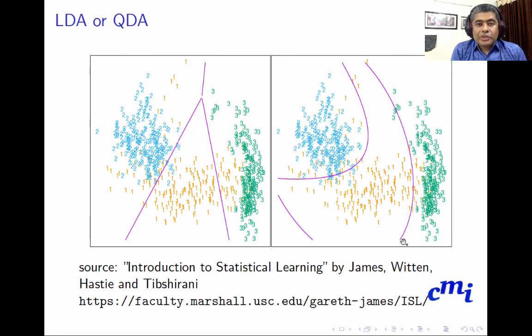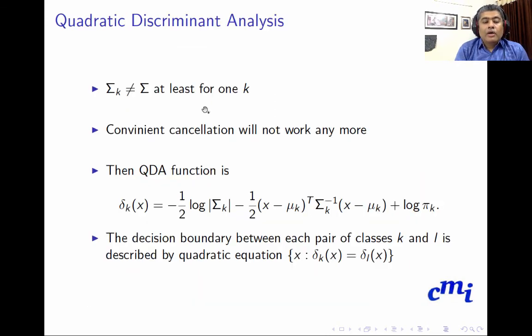Now I will share just my experience regarding LDA and QDA. I have often seen that QDA tends to overfit a little bit. That means the performance of QDA is sometimes worse than LDA in out-of-sample testing. The reason is that you do not assume sigma k equals sigma, so for each class conditional density, you are estimating the sigma separately.